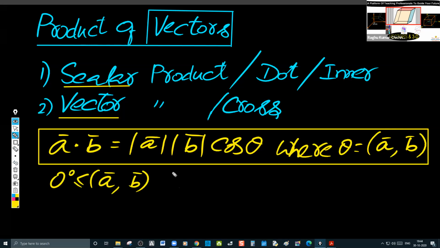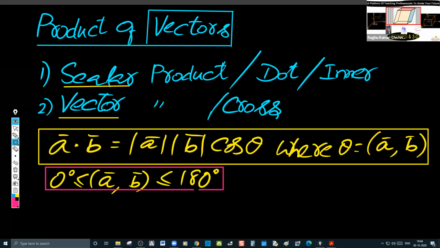So minimum is 0 degrees and maximum is 180 degrees. Beyond that it takes the same form again in the cyclic way, because these are taken to be two lines, and whatever the angle is, it lies either in the first quadrant or second quadrant.